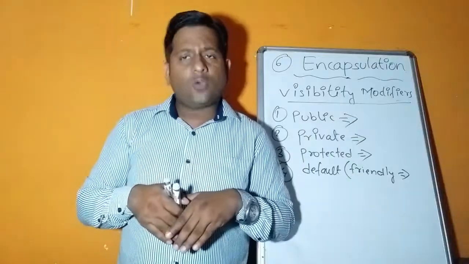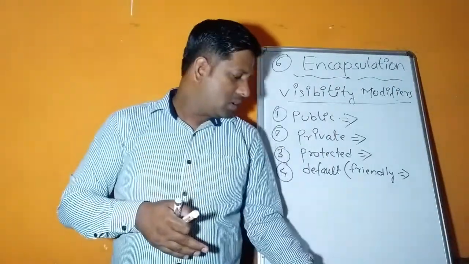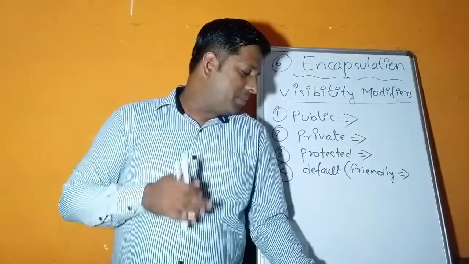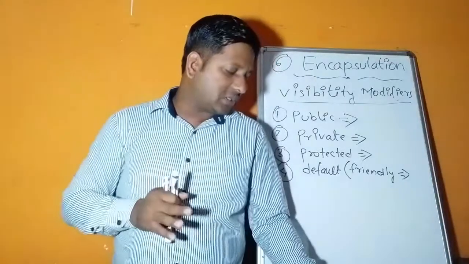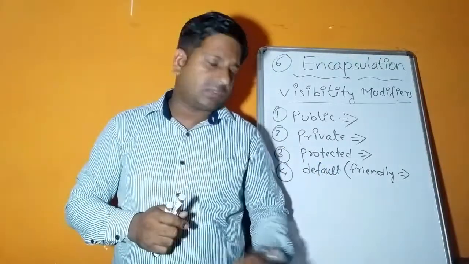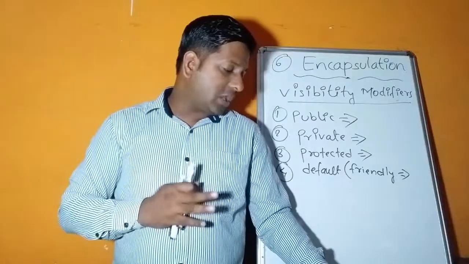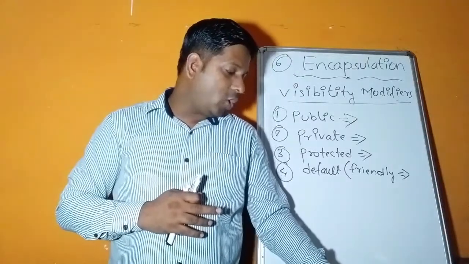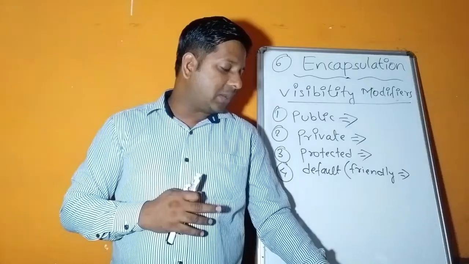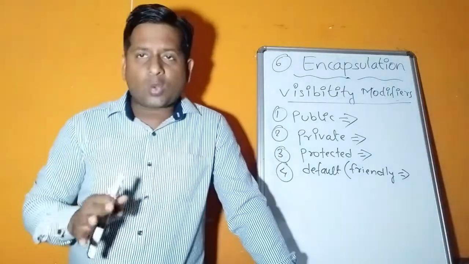By default, there is a default visibility modifier. Here the member is accessible by any subclasses or other classes in the same package. It will not be accessible outside the package even if they are subclasses. Outside the package you cannot access.